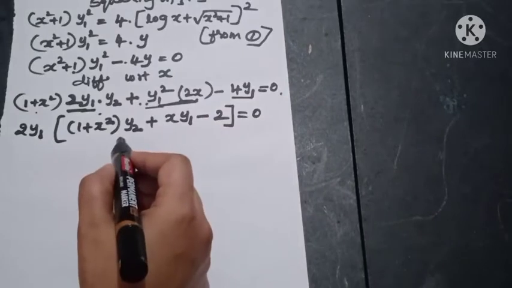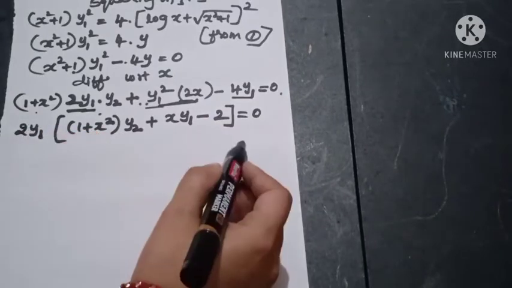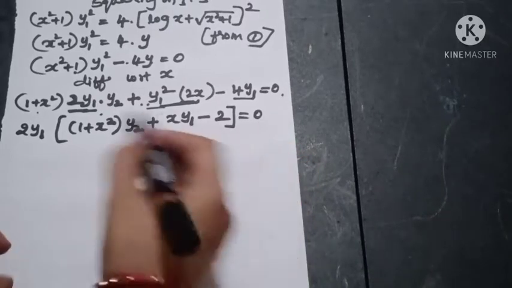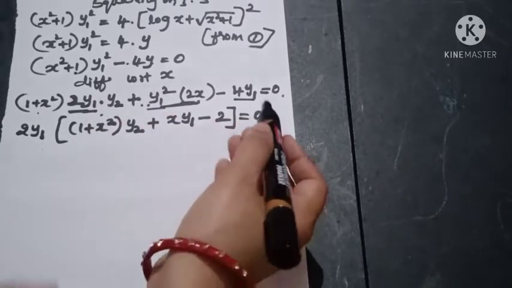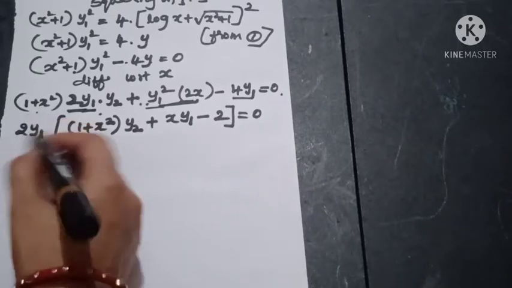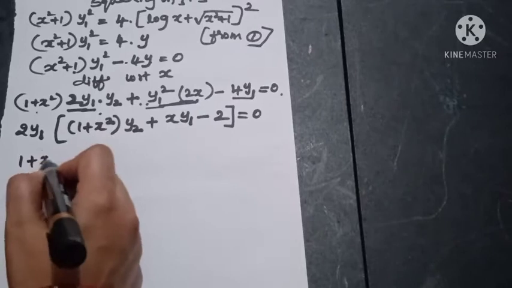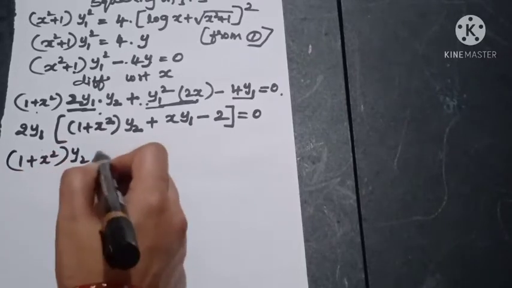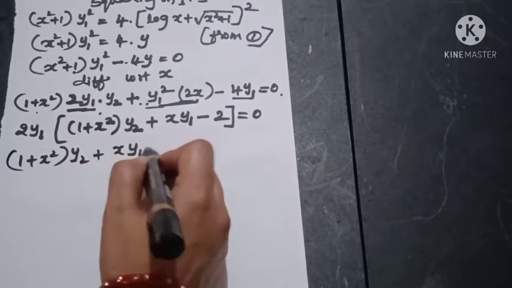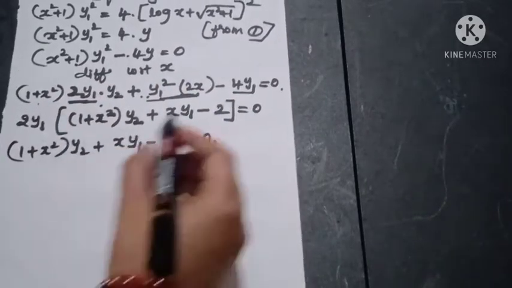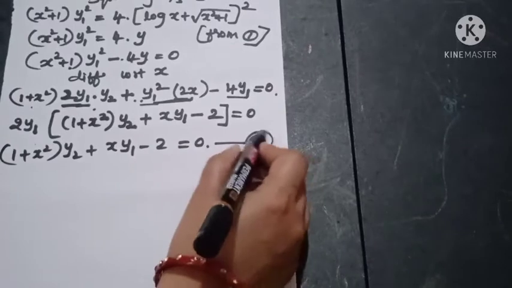If you send this to the RHS, 0 by 2y1 is 0, so this term goes. What remains is (1 plus x square) y2 plus x y1 minus 2 is equal to 0. Call this equation number 2.